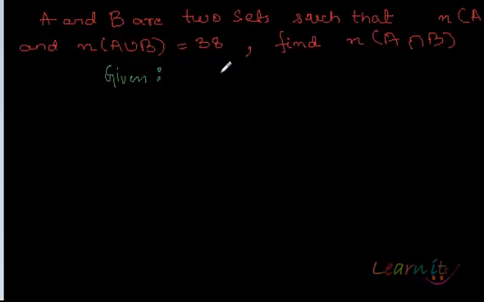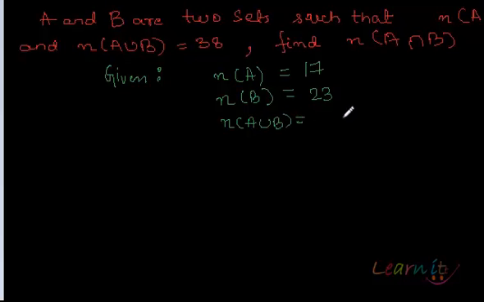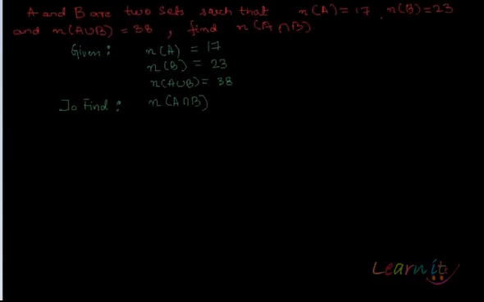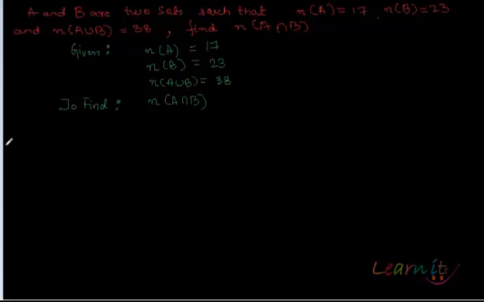Let me just jot down what is given to us. n(A) equals 17, n(B) equals 23, and n(A union B) equals 38. We need to find n(A intersection B).